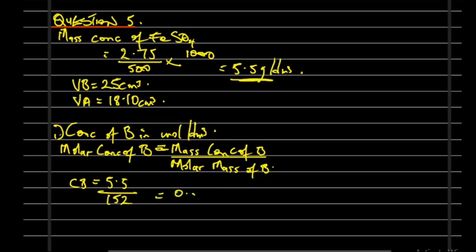It gives us 0.03618, and with three significant figures it becomes 0.0362 moles per dm cube. That is our value for the concentration of B in moles per dm cube.